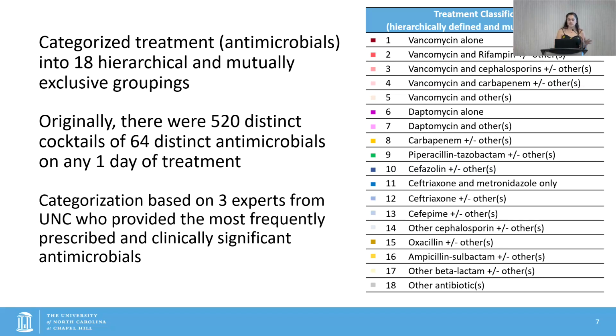If we look at the treatment classifications on the right, we have them listed in rank order and labeled with a color. These colors help orient to a drug family when we're visualizing these treatments. For example, we have red shading treatments that would be easily identified as vancomycin families, and the pink shades would be easily identified as daptomycin.